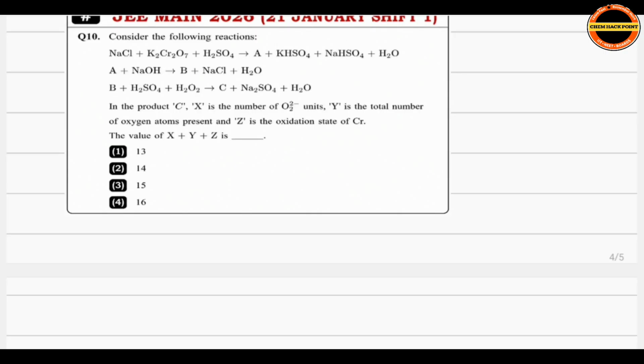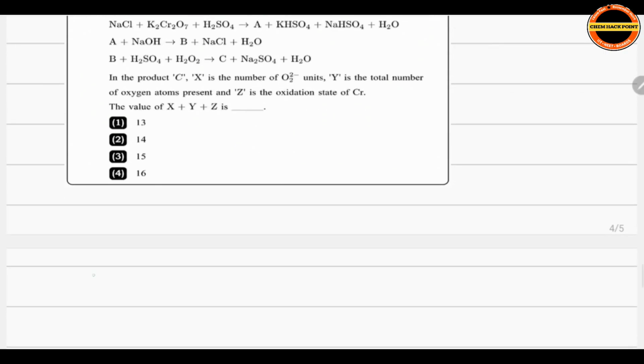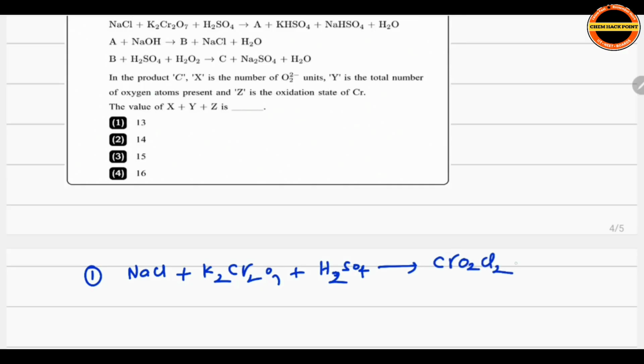First of all, I am framing the reactions here, whatever we wrote above. First reaction, NaCl reacting with K₂Cr₂O₇ plus H2SO4 giving chromyl chloride plus KHSO4 and H2O, and one more, NaHSO4.